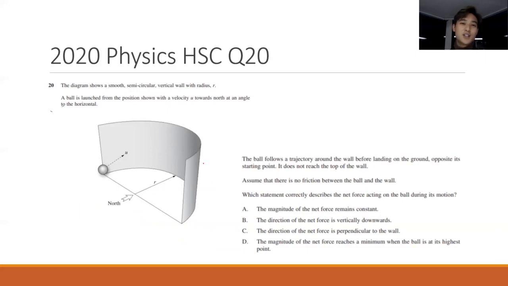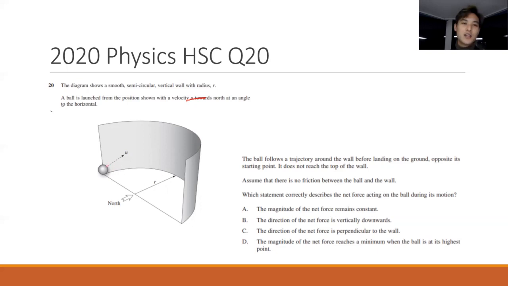Now onto the final question. Here we have a ball that follows the trajectory around the wall before landing on the ground. And initially, you have to note that it has a velocity u, north at an angle to the horizontal.